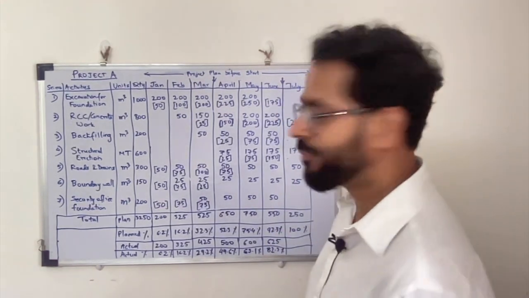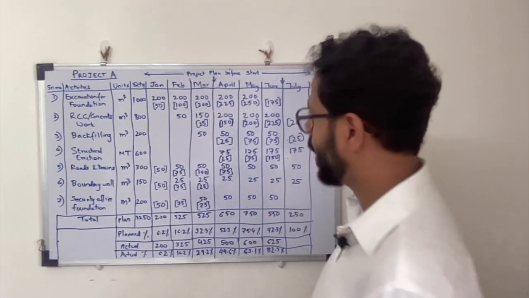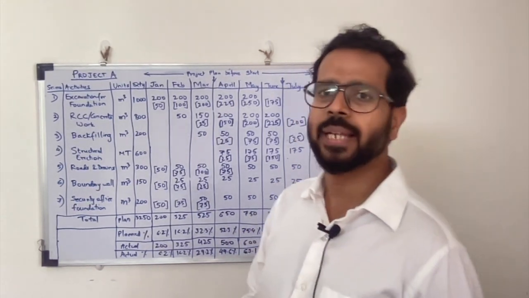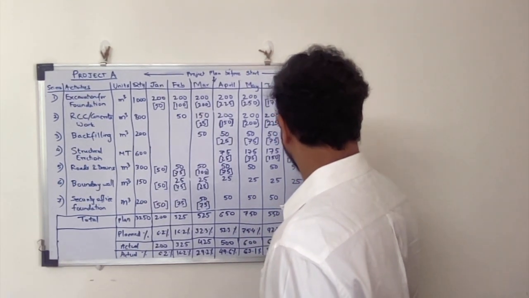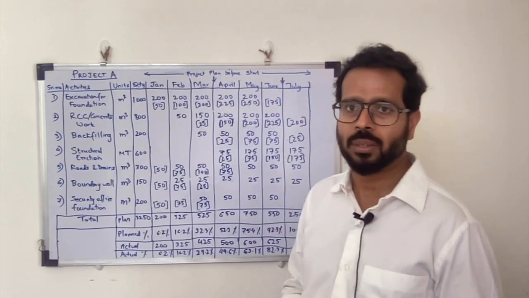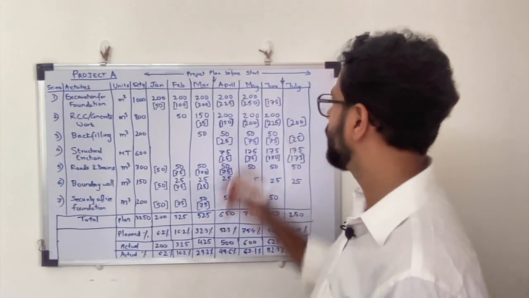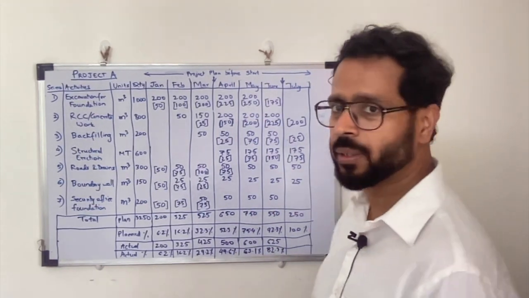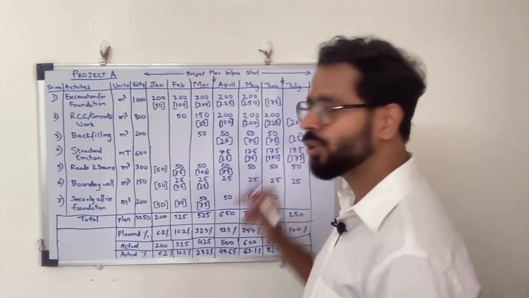The balance backfilling work of 25 cubic meters he will complete in the month of July. Structural erection work of 175 tons he will erect in the month of July. But you see, even after doing all the effort of catching up on the critical activities, he still needs to do more, 175 tons of erection.